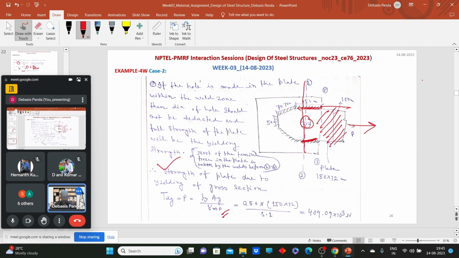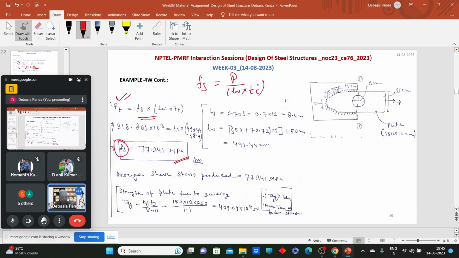If, for example, the hole is not made here, if the hole is made here, what should be the full strength of the plate? And which criterion should govern the failure of the plate, rupture or yielding? Tell me. If the hole is made here, outside the weld zone, what should be the full strength of the plate?